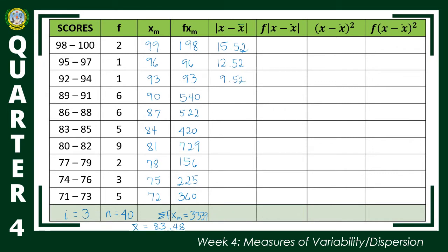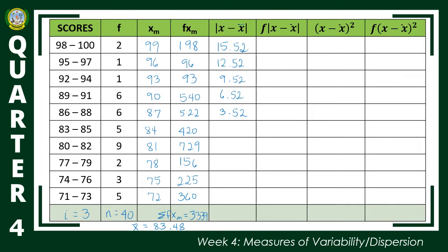Next is 90. Ayan. So, ito na. 90 minus 83.48 is 6.52. Next is yung 87 naman. So, 87 minus 83.48 is 3.52.